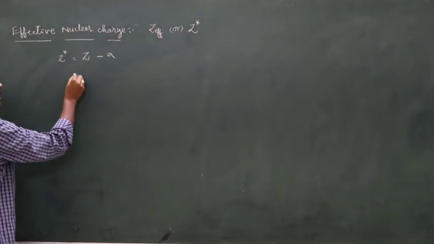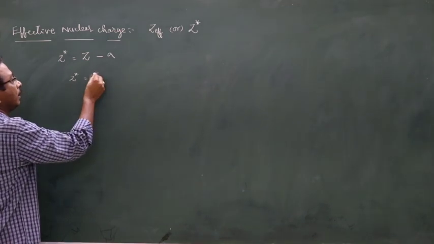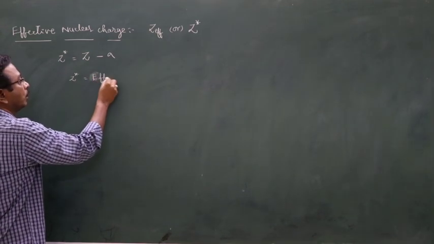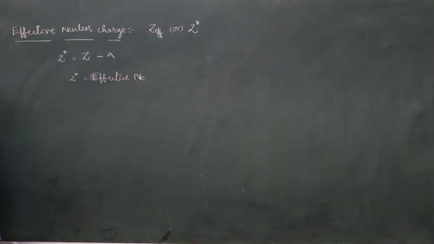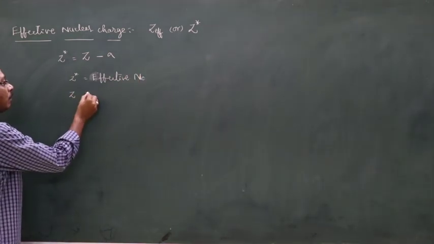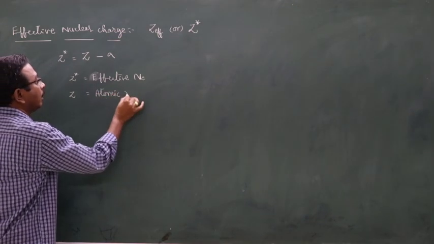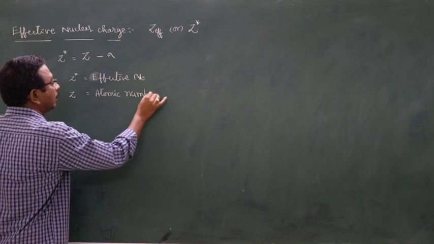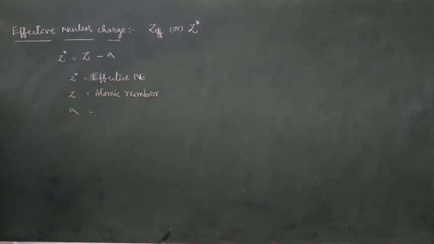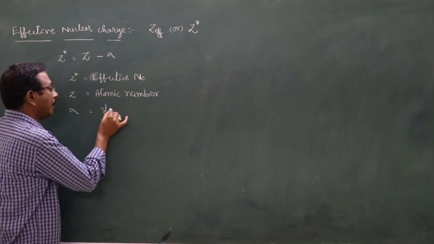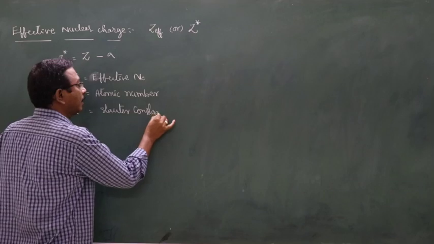Here Z star is equal to effective nuclear charge, and Z is equal to atomic number, and sigma is equal to Slater constant.